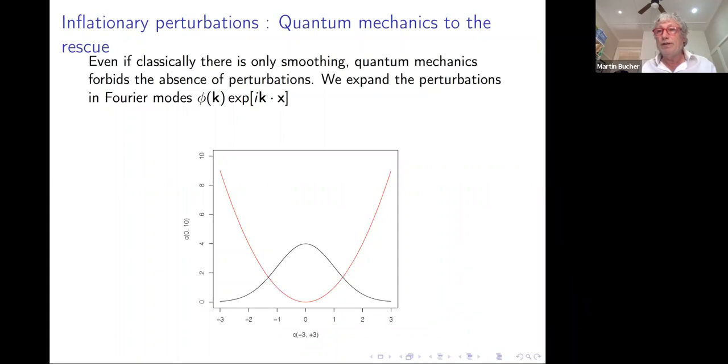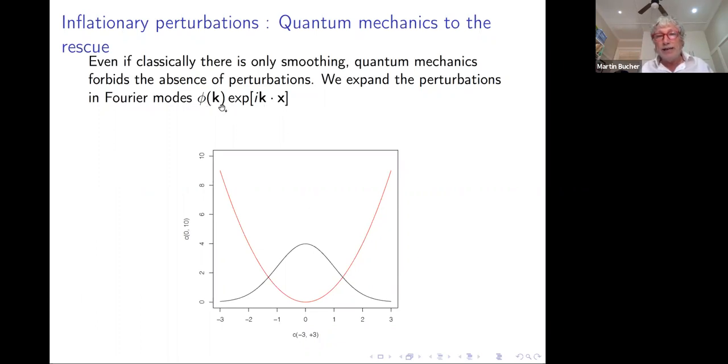And for those of you who haven't studied quantum field theory, this diagram is like from introductory quantum mechanics for a simple harmonic oscillator. But the field theory, when you don't have nonlinearity, can be decomposed into an infinite number of harmonic oscillators.